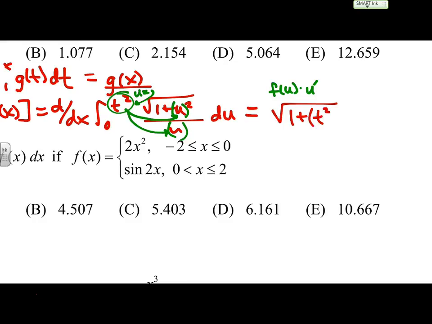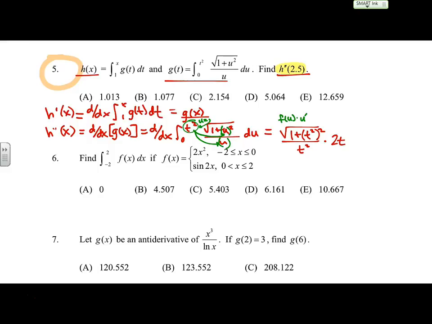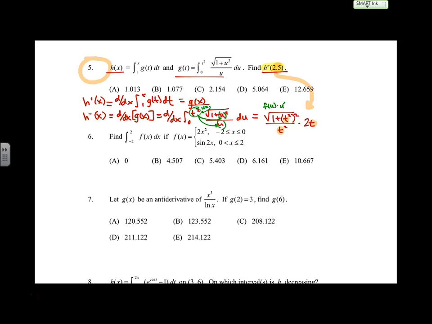T squared. T squared squared, all over who? Times who prime? T squared prime. What do we have to do to finish this problem? Plug it in. Where? Every time you see a t. This is a calculator problem. Plug and chug, you have your answer.